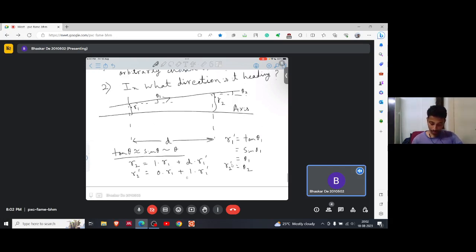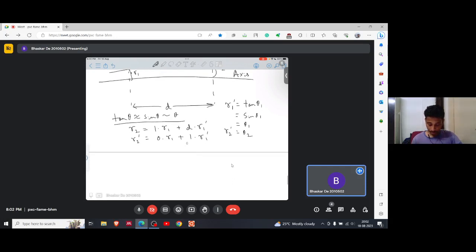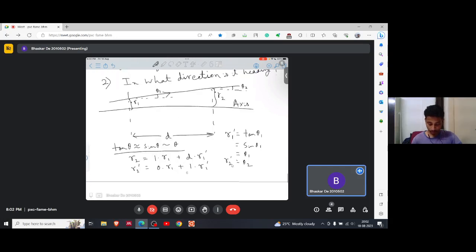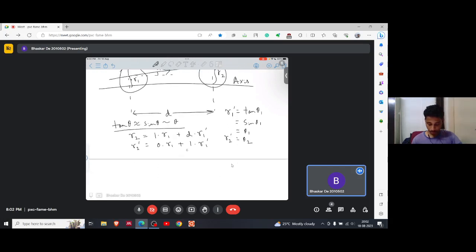So here, as the dielectric medium is not changing the direction, we can say that r2 dash equals 0 r1 plus 1 r1 dash, because the slopes are equal when entering the dielectric and exiting the dielectric, and r2 is equal to 1 r1 plus d multiplied by the slope.